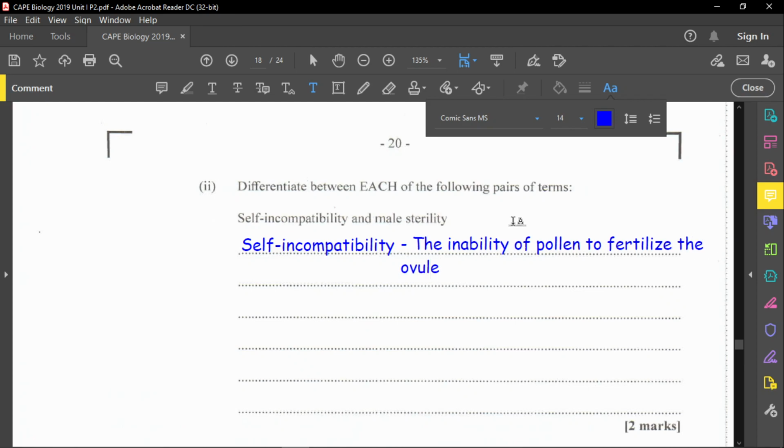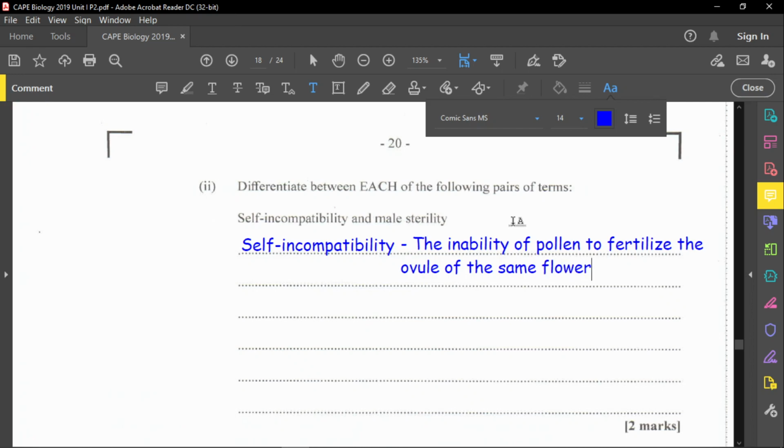Okay, it is not able to fertilize the ovule. Okay, and let me make a note of this, of the same flower. Okay, of the same flower. So make sure you point it out. Of the same plant.